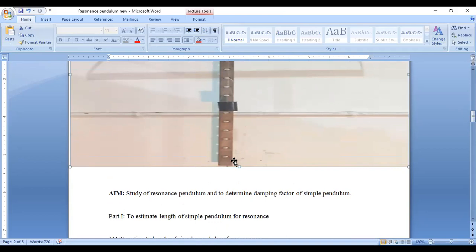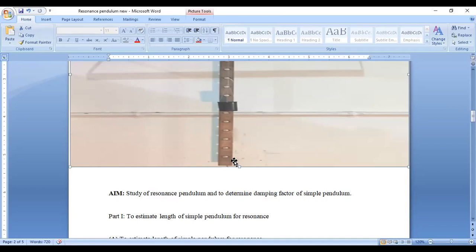Give a small oscillation and measure the time for, let us say, 20 oscillations, or 25, or 30, or 50 oscillations. Generally we measure time for 25 oscillations. So you measure time for 25 oscillations of the bar pendulum, which we have already performed in first year BSc, and you know how to measure the periodic time of a bar pendulum.